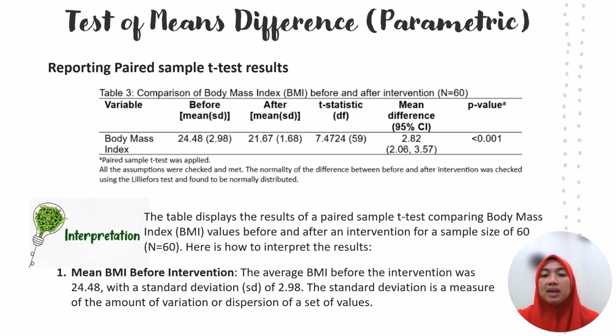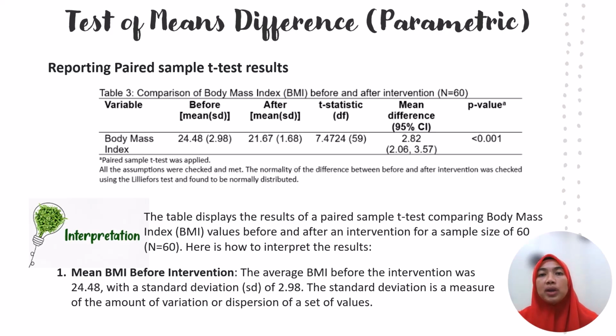Alright, so based on Table 3, this is the output for the comparisons of the body mass index, BMI, before and after intervention with n equal to 60. So in Table 3, we have the variable, the mean before, mean and also the standard deviation, after mean and the standard deviation, the t statistic, the degree of freedom, and also the mean difference, and the last one is the p-value. Right?